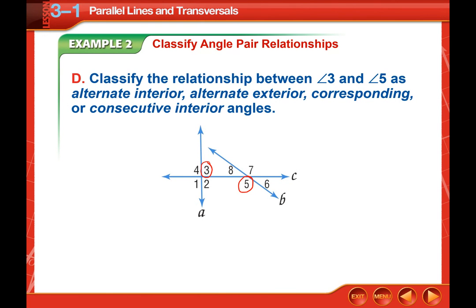Which is the case? Okay, both of them are to the inside of lines A and B, but they're on opposite sides of the transversal. Okay, so these are alternate interior angles. You'll notice that the interior or exterior tends to come after identifying whether they are alternate or corresponding or consecutive.